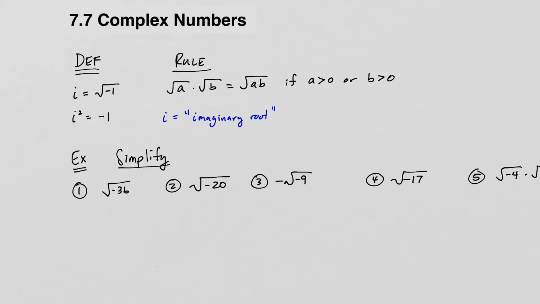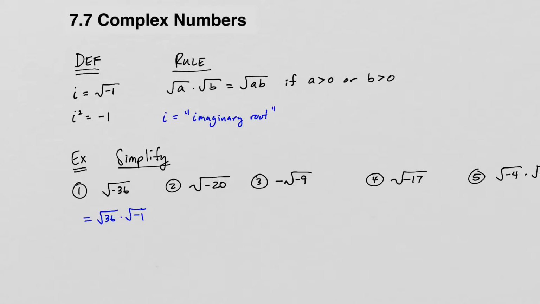So this definition, along with this rule, allows us to simplify some radicals that we were unable to simplify in the past. So, for example, if you just look at the square root of -36, up until now we would say this is not a real number. However, we can now rewrite this as the square root of 36 times the square root of -1.